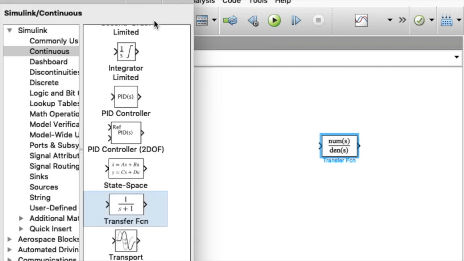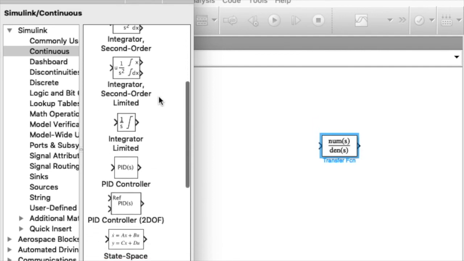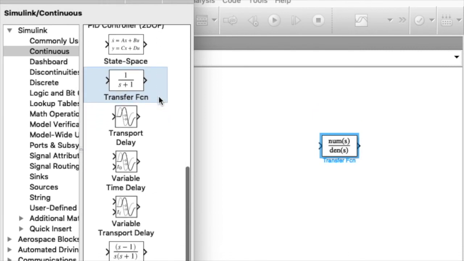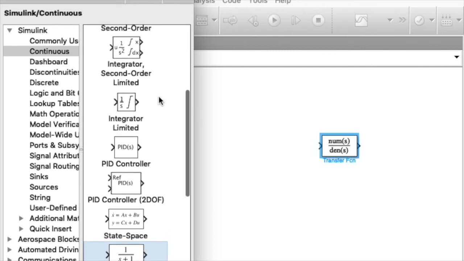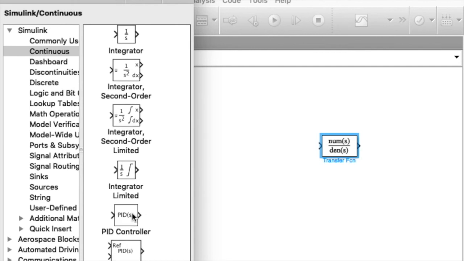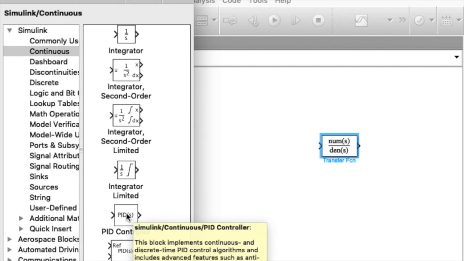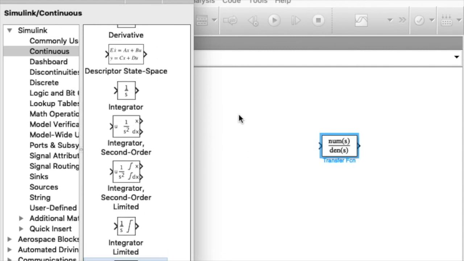So again, let's go back to our library. Either you can apply this block, but I was thinking if I can just, so I have an integrator here.